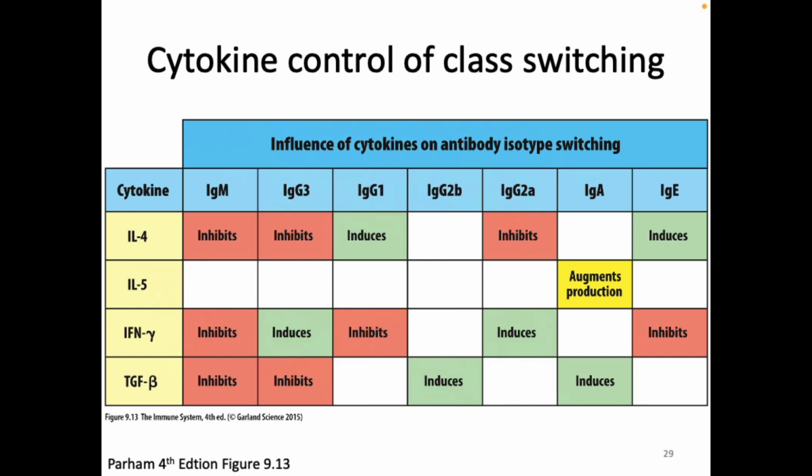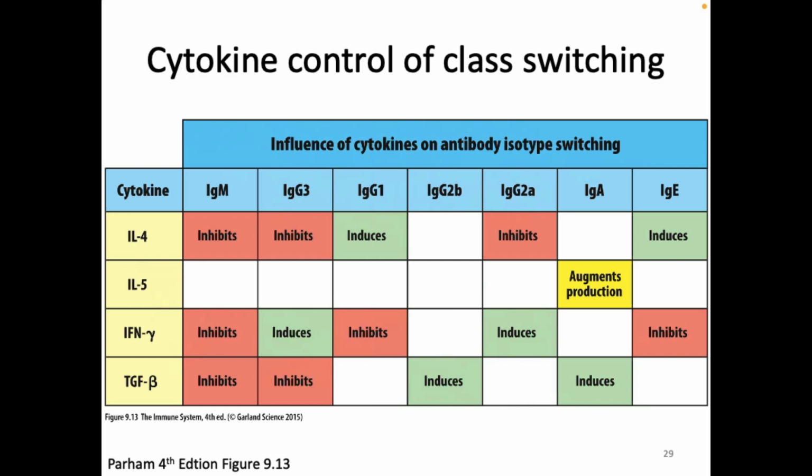If we look at IL-4, our key cytokine for Th2 cells, you can see that the most famous thing that happens with IL-4 is that we induce IgE, so class switch to IgE, which is the one that goes with mast cells and the one that is actually involved in dealing with parasites.